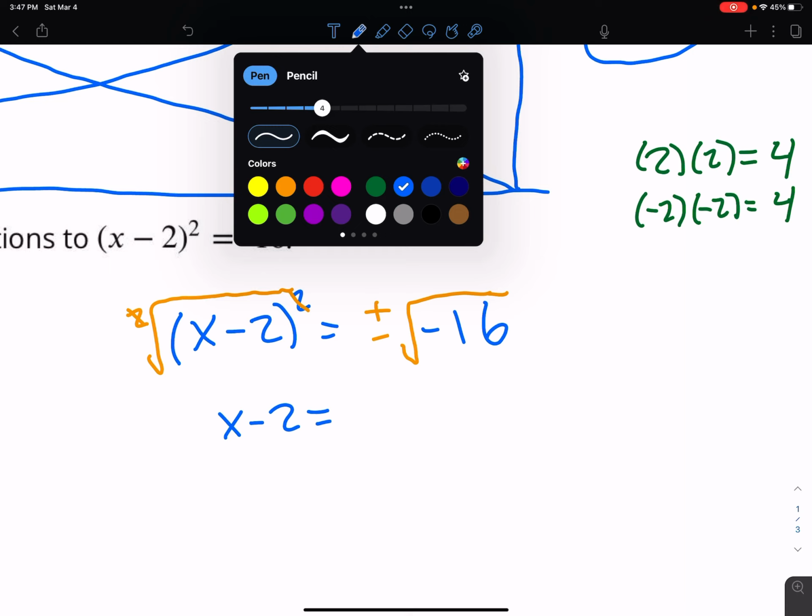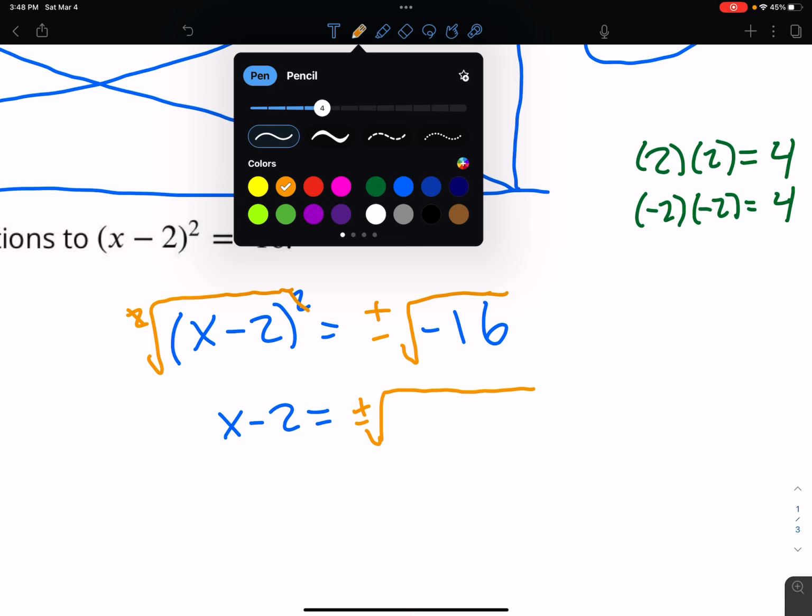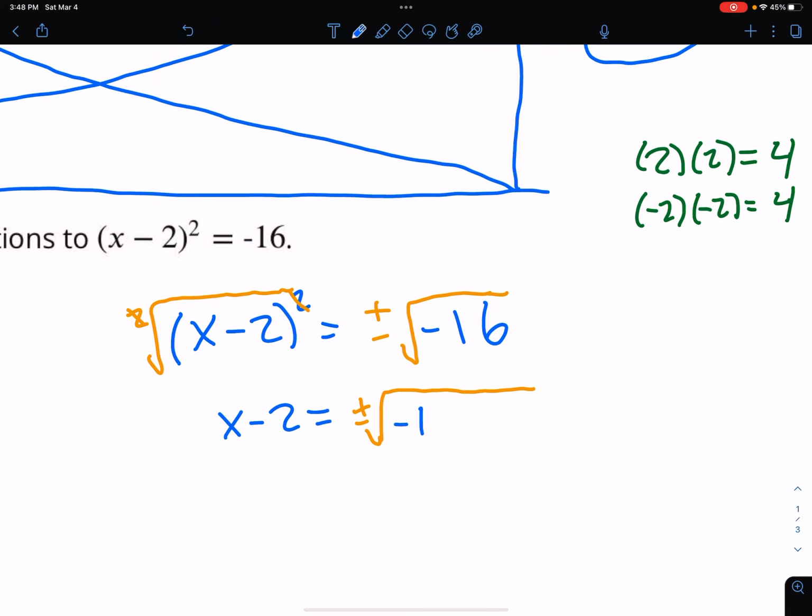So let's keep this plus or minus square root for now. Well, I'll talk about how we're going to get rid of that negative in front of the 16. We can think of negative 16 as negative 1 times 16.